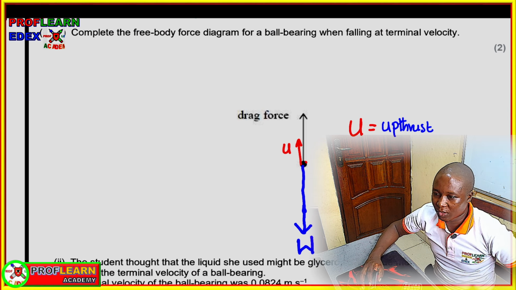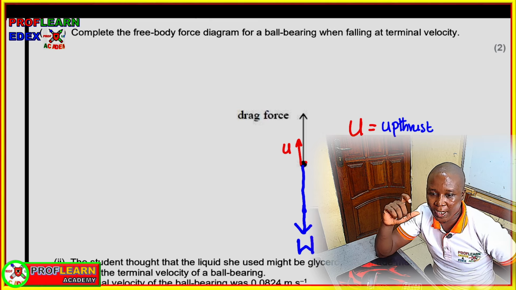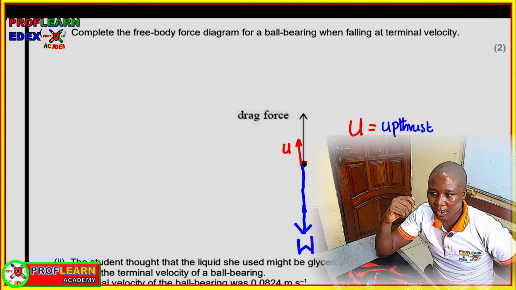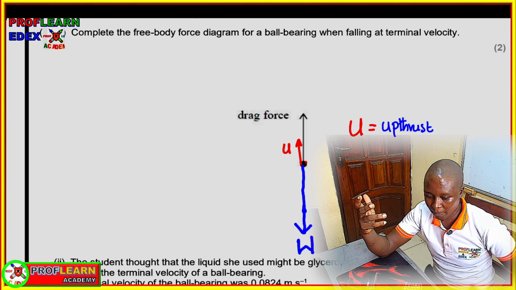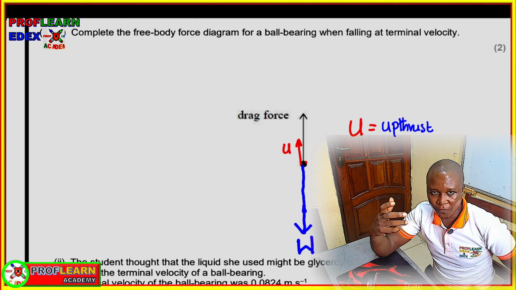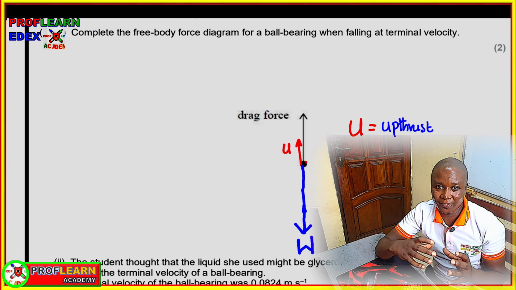One of the concepts we're going to say here is that terminal velocity is achieved when upthrust plus drag are balanced by the weight. So what does that mean? If an object is falling through a fluid, it is going to experience different forces.